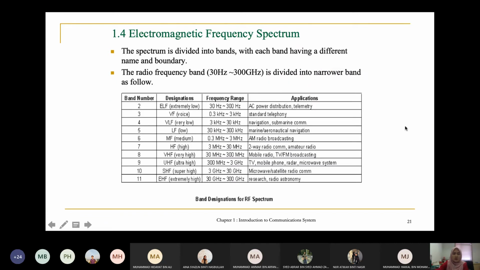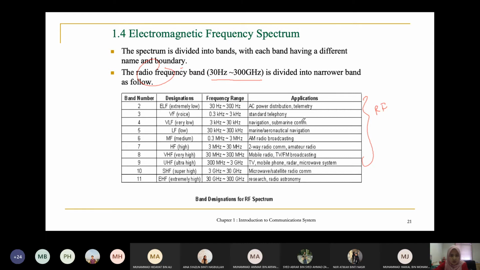Now let's focus only on the radio frequency, RF. The RF band ranges from 30 Hz until 300 GHz, and this band can still be divided into much narrower bands. These are all the applications that fall under the radio frequency band.